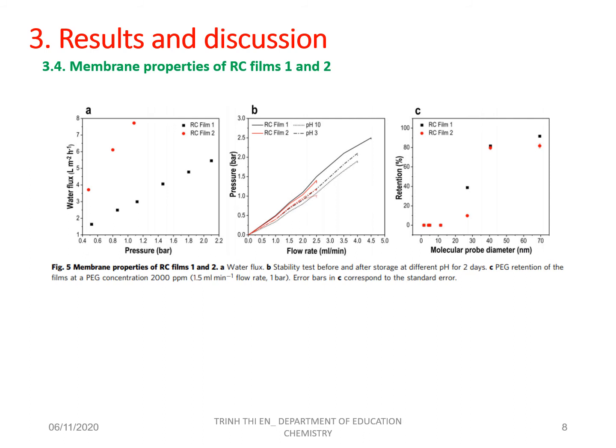At almost 2.5 pressure the film breaks, with the flow rate almost 4.5, but film 2 breaks at lower pressure, almost 0.5, and with the flow rate about 2.5, which is lower than film 1, and the image C is the molecular pore diameter of film 1 and film 2 here.